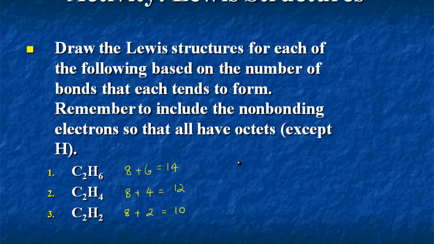So C2H6, both carbons in the middle. I have 6 hydrogens. Give each carbon an equal share, which is 3. So we put 3 around each carbon.